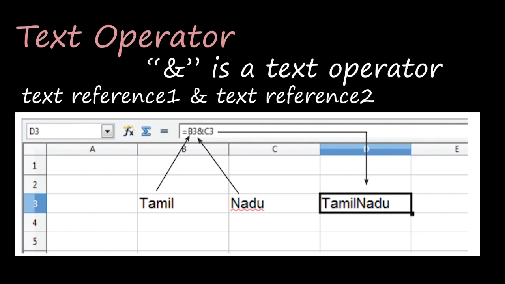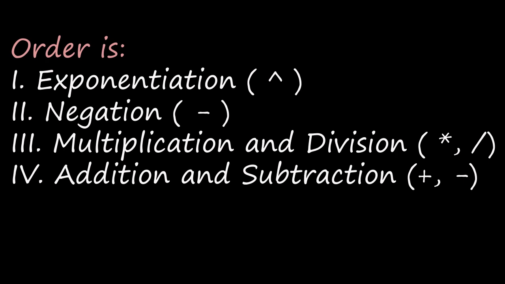Okay, when these arithmetic operators are used in a formula, it calculates the result using the rule of precedence followed in mathematics. The order is: first the exponential, meaning the power, will be calculated first, and then next negation, that is the negative value, and then third multiplication or division, and at last addition and subtraction will be calculated, right?